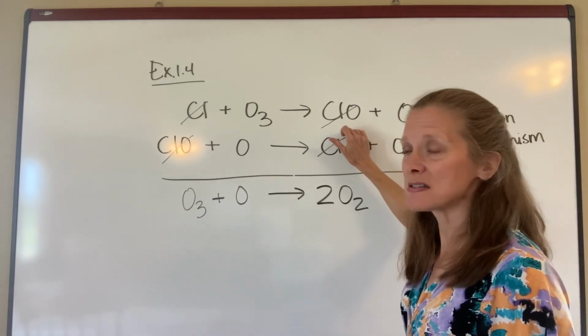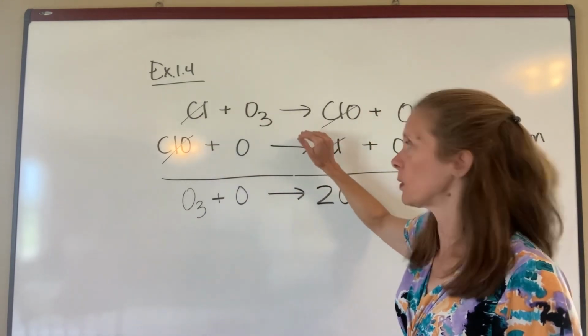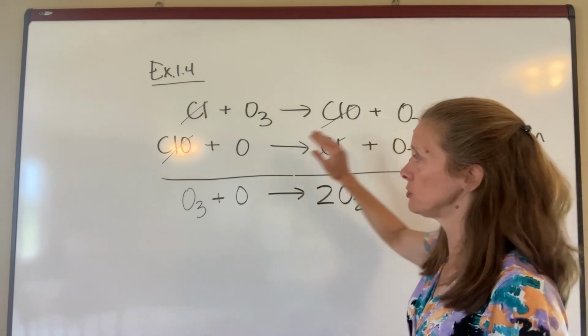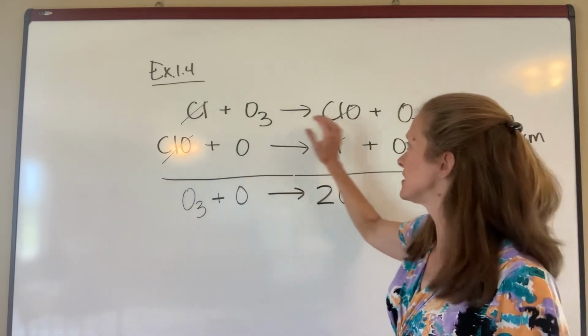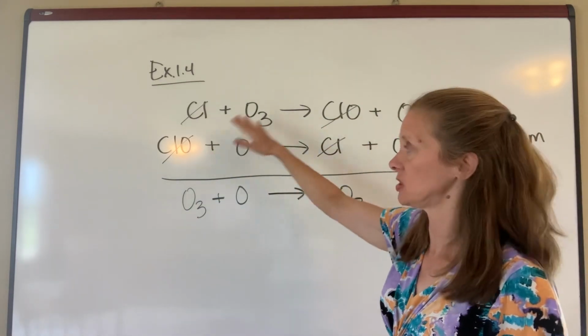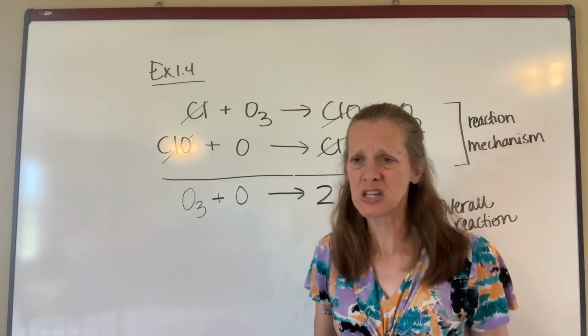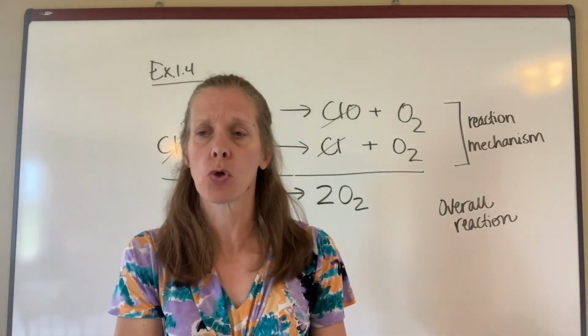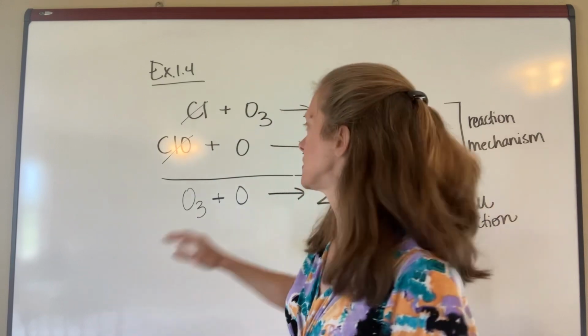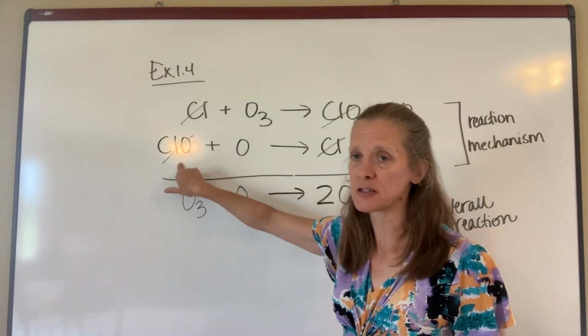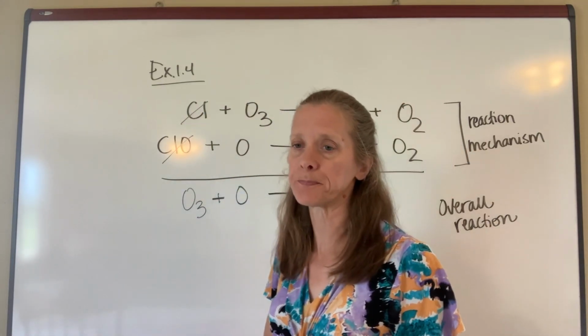This one was not necessary to get this first reaction going. So even though this was produced and then used up, it is not a catalyst because the reaction proceeds without it. So chlorine is a catalyst. ClO is not a catalyst because it wasn't present at the beginning.